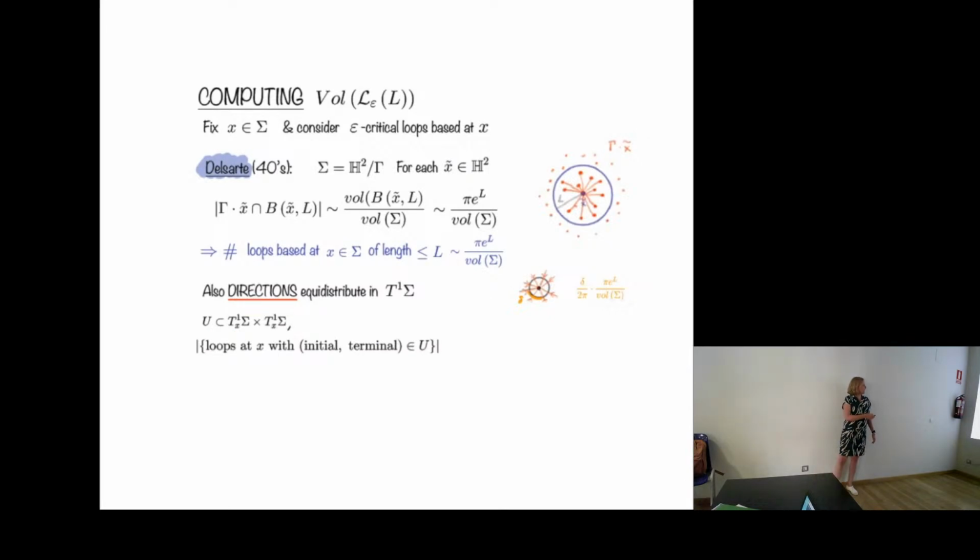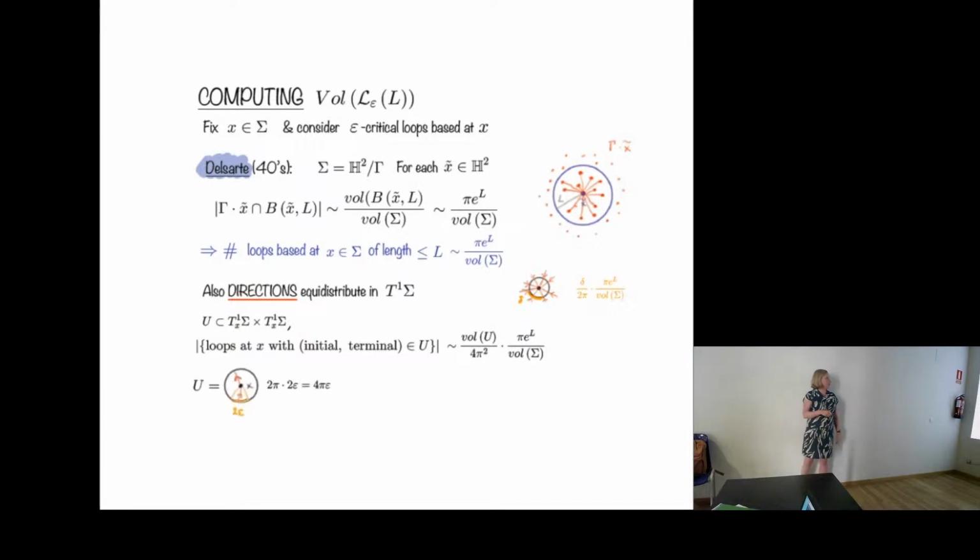More generally, if I take any open set, I fix my point on the surface, and I want to exit it at a certain angle and enter it at a certain other angle. How many loops are there based at a point with the initial direction and terminal direction inside this open set? That's proportional to the volume of that set: the volume of U over 4 pi squared times the total number. Again, just equidistribution.